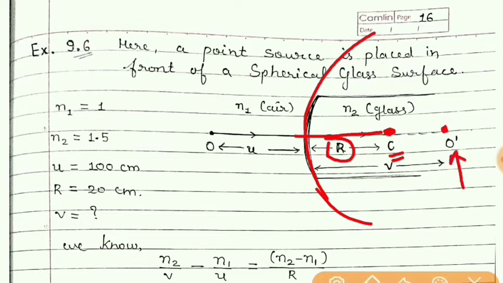Here the given conditions are: refractive index of air is 1. Students, always, if it is not given, then also we have to take the refractive index of air equal to 1.